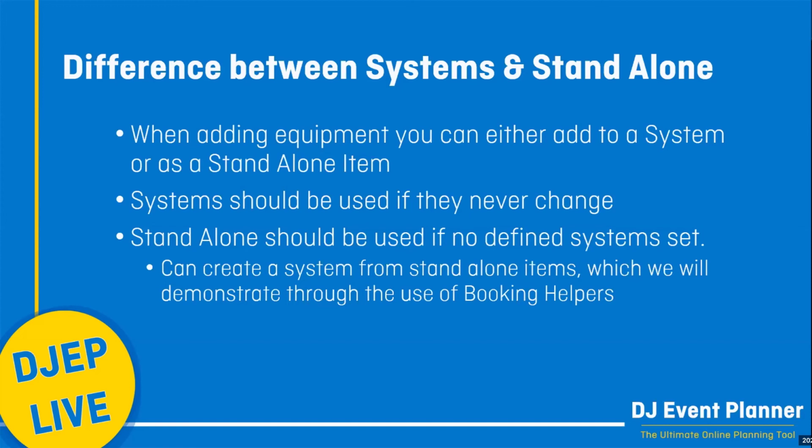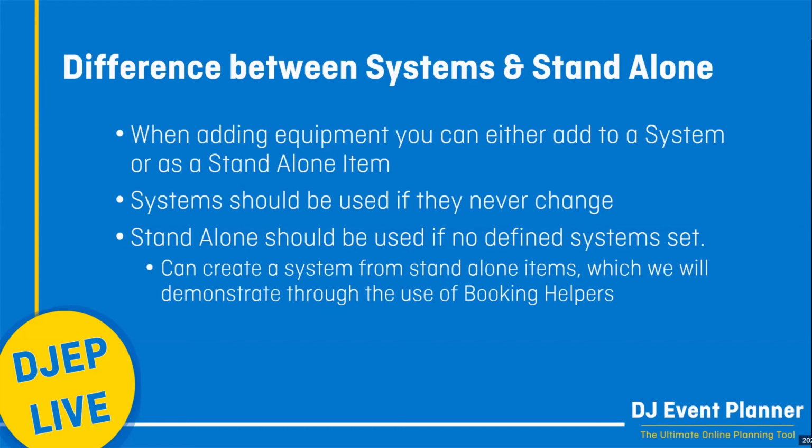So we're going to start with the difference between systems and standalone. When adding equipment, you can either add a system into DJ Event Planner, or you can add a piece of equipment as a standalone item. Systems should be used only if they never change. For example, if you have multiple systems, say 6 systems, and you need to borrow speakers from system 5 to go with system 1, then systems are not the best way to go.